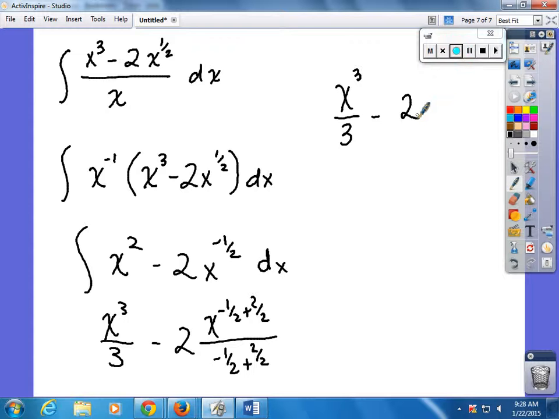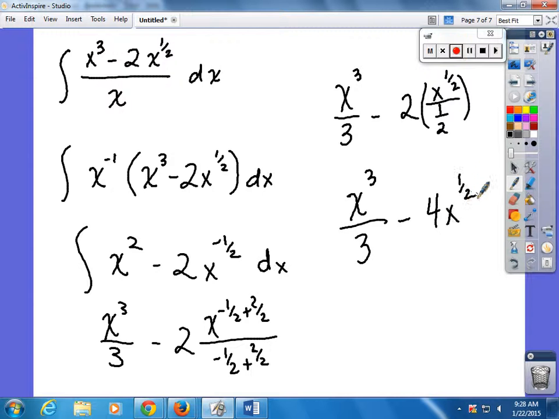And then we're going to have -1/2 plus 2/2 is 1/2 over 1/2. Multiply by the reciprocal, dang old 4. x to the third over 3 minus 4 x to the 1/2, dang old plus C.